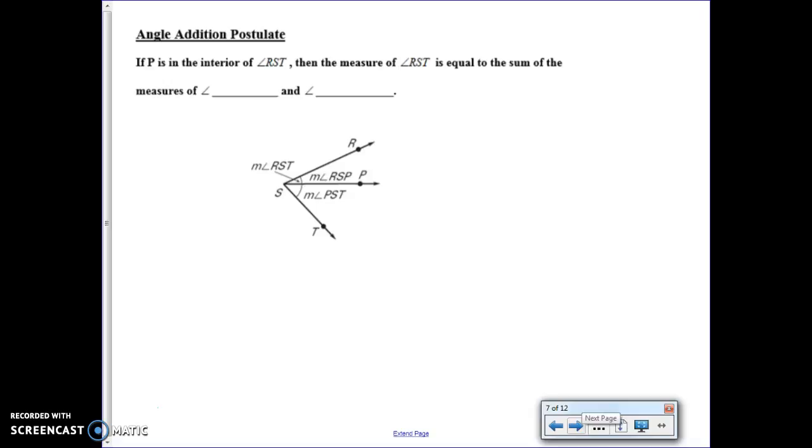Okay, so our angle addition postulate tells us that we add the 2 smaller angles together to make the larger angle. So if point P is in the interior, if it's inside angle RST, then the measure of angle RST is equal to the sum of the measures of those 2 smaller angles.